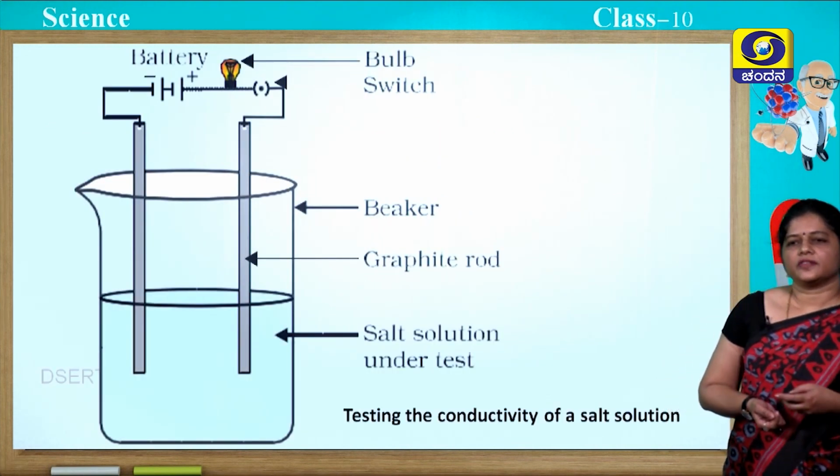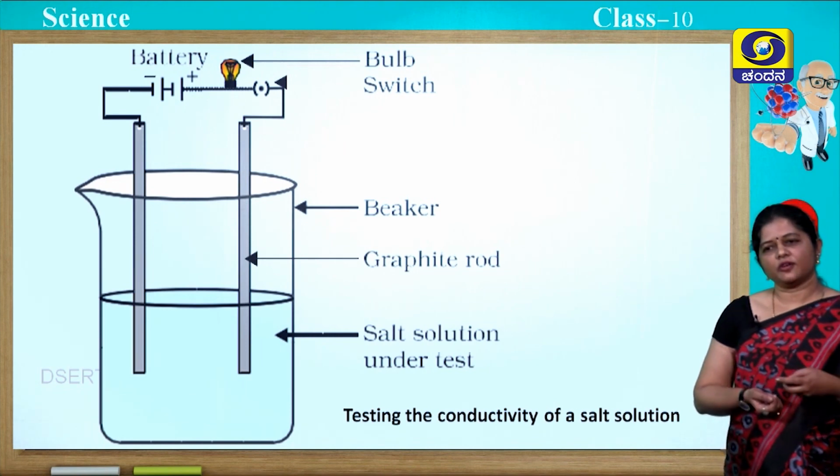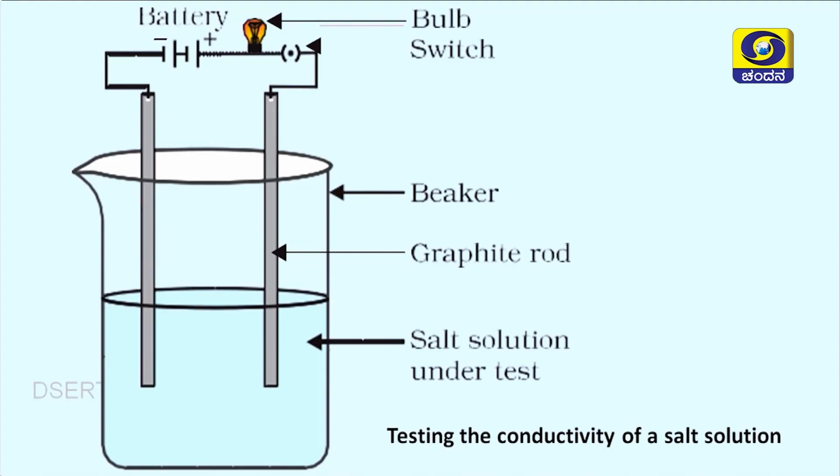So this is how you can check the conductivity of the ionic compound in the solution state. So, this is the experimental setup required to test the conductivity of the salt solution. So, you require a beaker and you require 2 graphite rods and then a bulb and a battery.